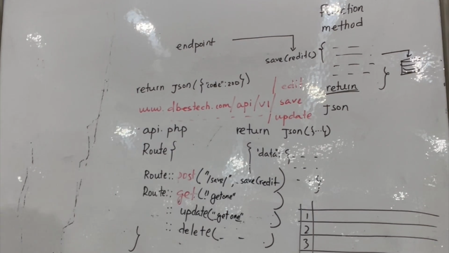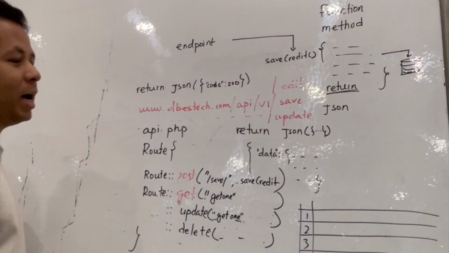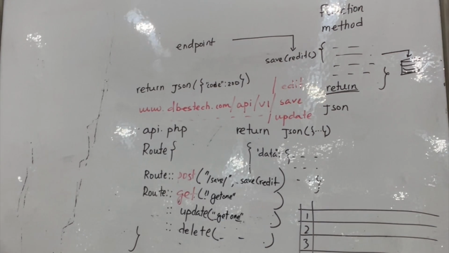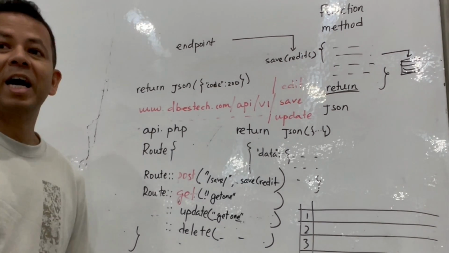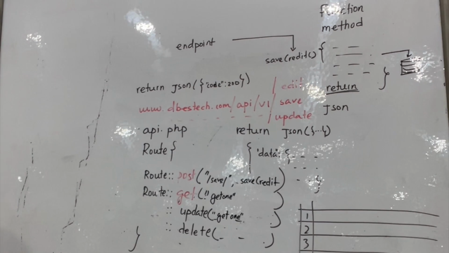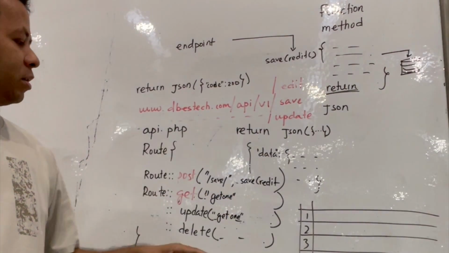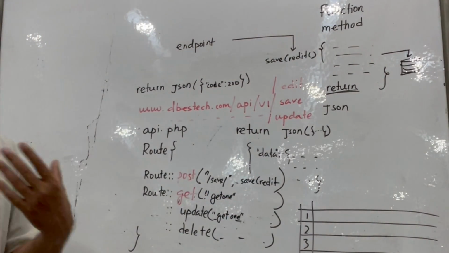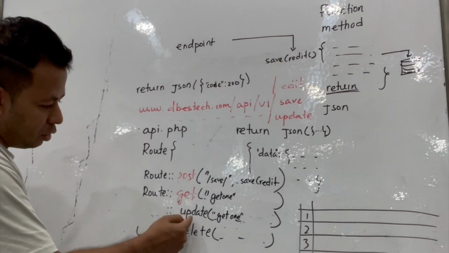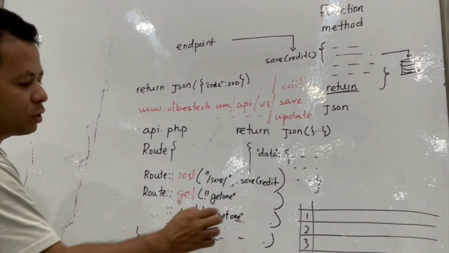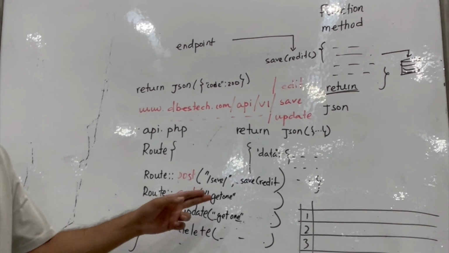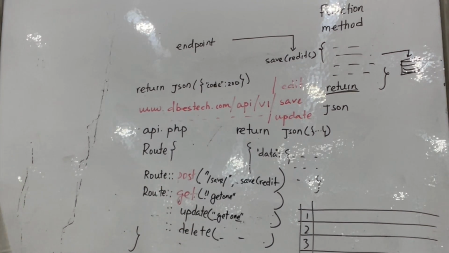Because when we actually use this API, we call this API, we mention what kind of type it is, whether it's a post, whether it's a get. We mention it, okay? And based on that, we understand which one to use. Because maybe just the name is get one, but then internally we must use one of these, and then we know which one to call, whether we should call this one or this one, because they have the same name.